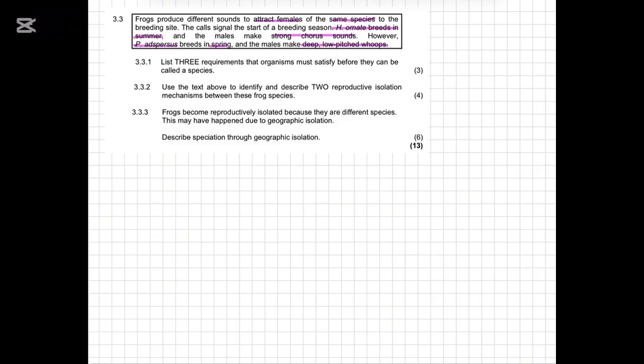The first question: list 3 requirements that organisms must satisfy before they can be called a species. Going back to the exam guideline, organisms have similar characteristics, are able to interbreed, and lastly, produce a fertile offspring.